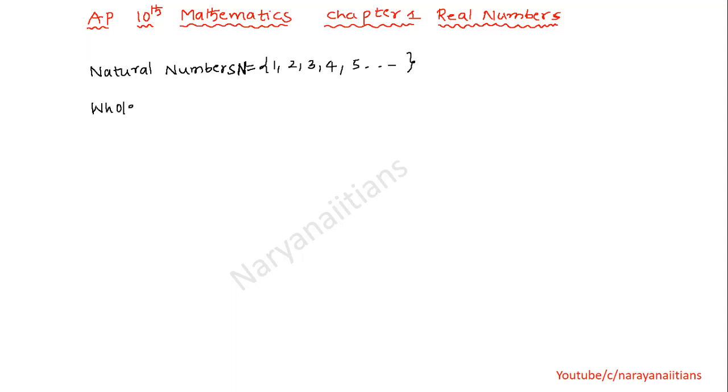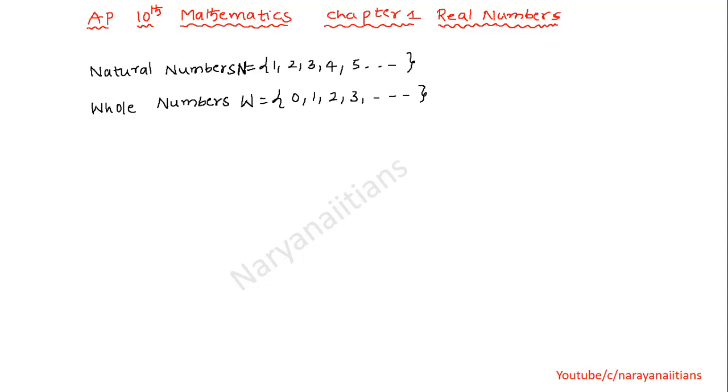Whole numbers are denoted by capital W. Capital W is equal to the set of all 0, 1, 2, 3 and so on. Whole numbers are nothing but counting numbers plus 0. If 0 is together with the natural numbers, you will get the whole numbers.